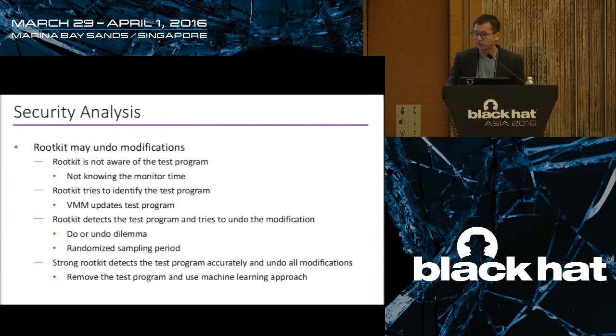If that's the case, then what we suggest is that we should not use a test program. Rather, we should go for a different approach where we use machine learning algorithms to classify the correct behavior of the system and then create a sort of whitelist machine learning model to check whether your system is infected or not.